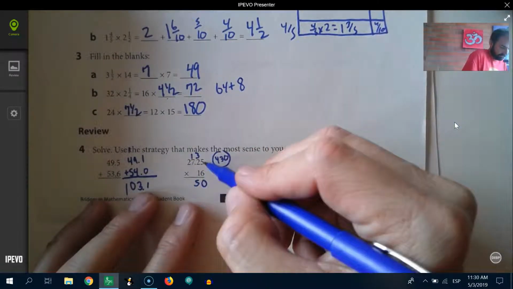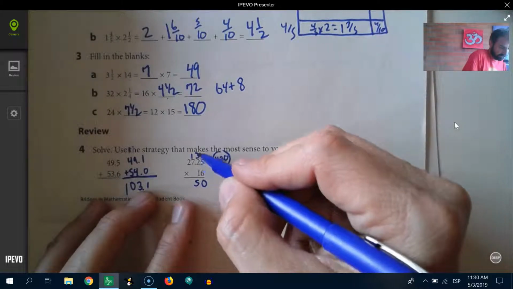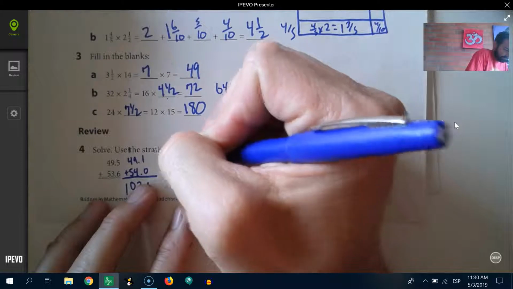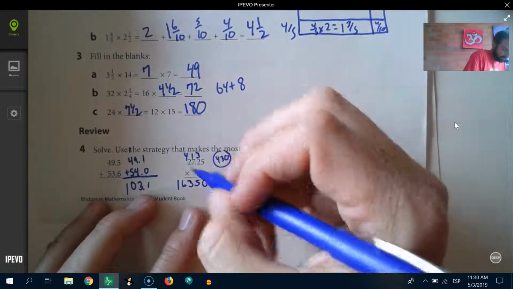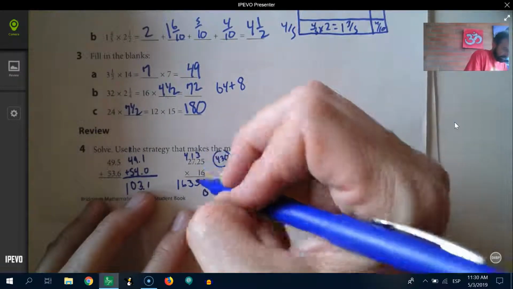Let's see. Where was I? 6 times 2 is 12. Plus 3 is 15. 6 times 2 is 12. Plus 4 is 16. And then we're really multiplying by 10.